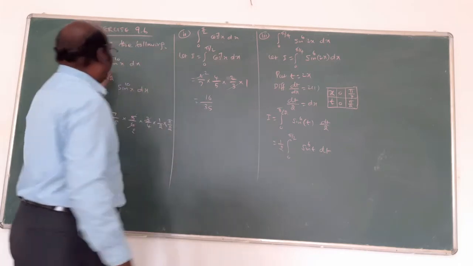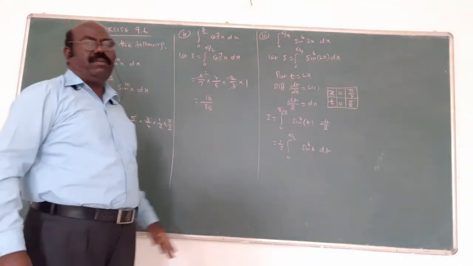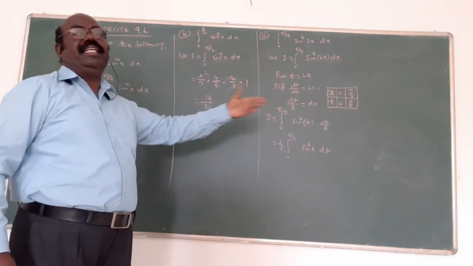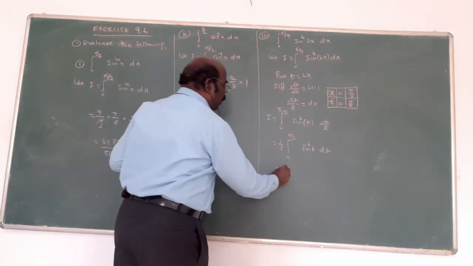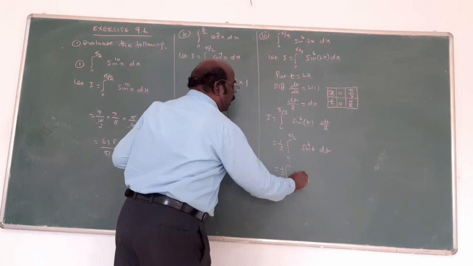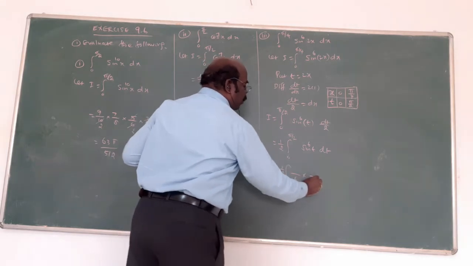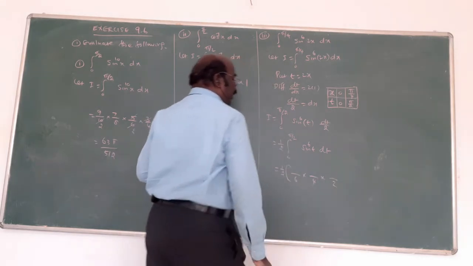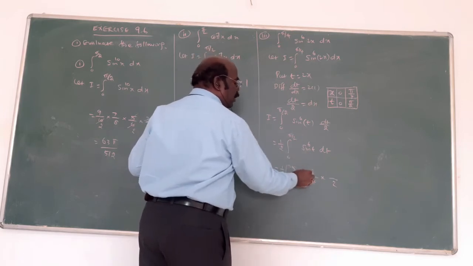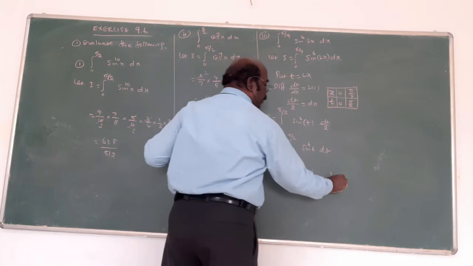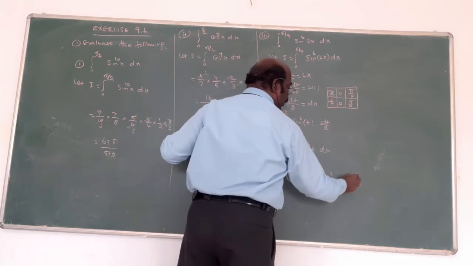Now it is the previous form again, with only t involved. The 1 by 2 is a constant. The denominators: 6, here 4, here 2. The numerators: 5, reduce by 1, here 3, here 1, into pi by 2.